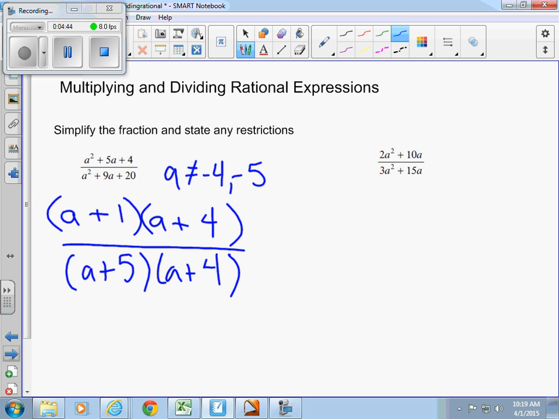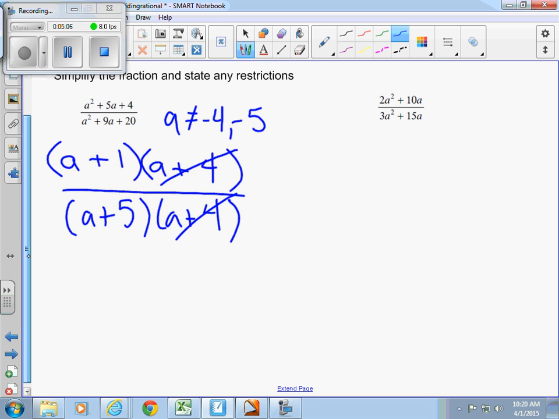Positive 4 is not a problem because it's in the numerator. The restrictions are only the things that come from the denominator. Okay, now it says to simplify. I'm going to label my restrictions before I simplify because even though when I'm done I won't know that this was here, I do know that it was still a restriction that a couldn't be negative 4, so I'm going to write it down before I cancel.